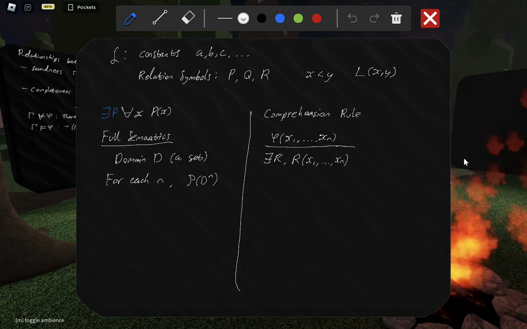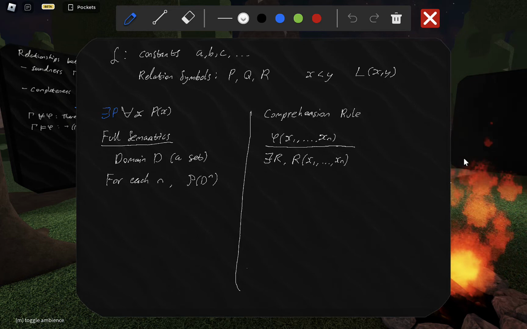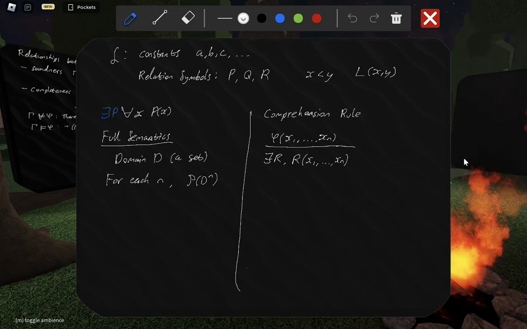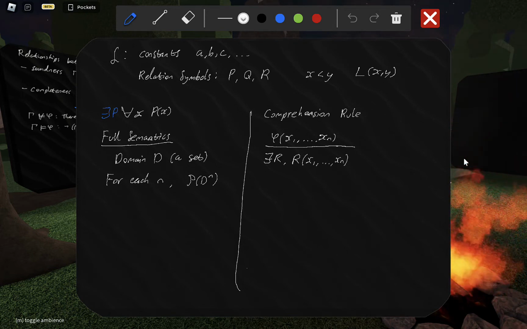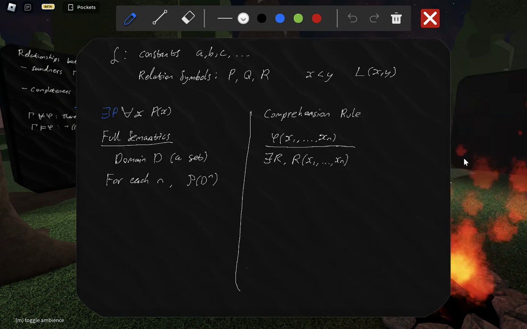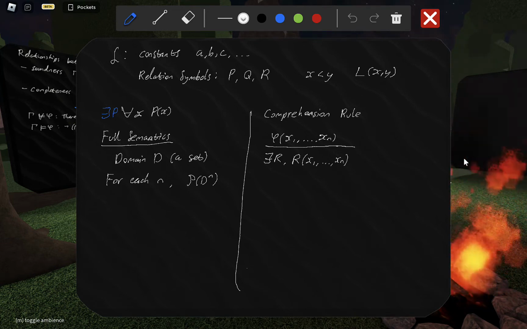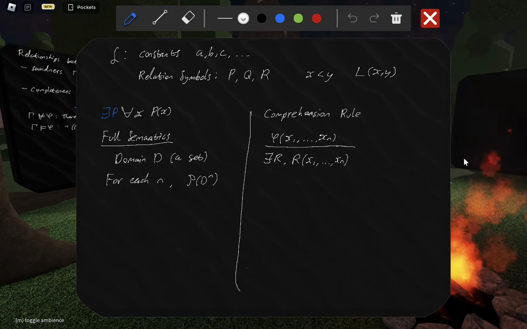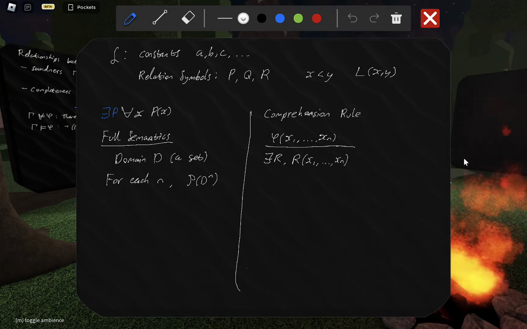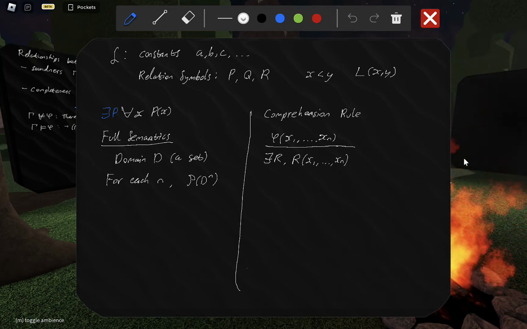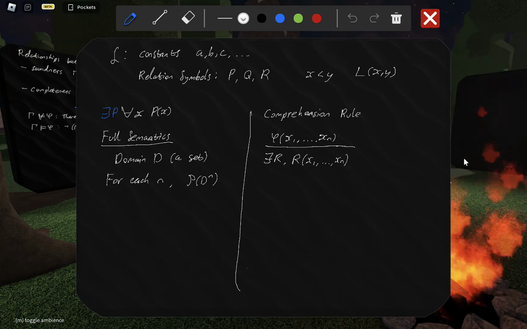Okay, so this comprehension rule is saying you can deduce the existence of some predicate R. Now there are propositional variables in addition to, I don't know, what's the difference between phi and the R?